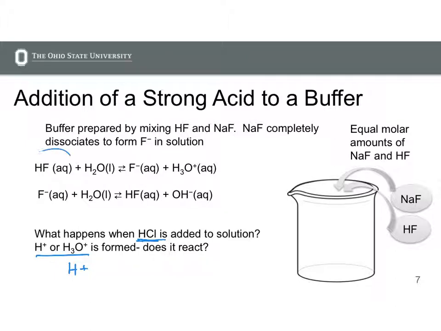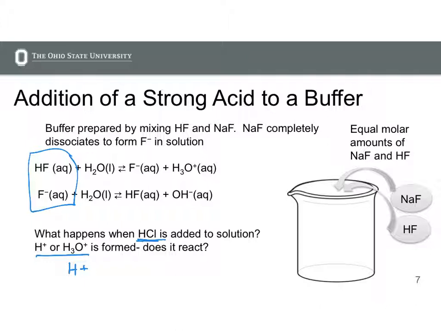Which species of these two, HF and F-, is that H+ going to react with? Think back to how we looked at predicting the pH of a salt solution. Kind of ties in there.